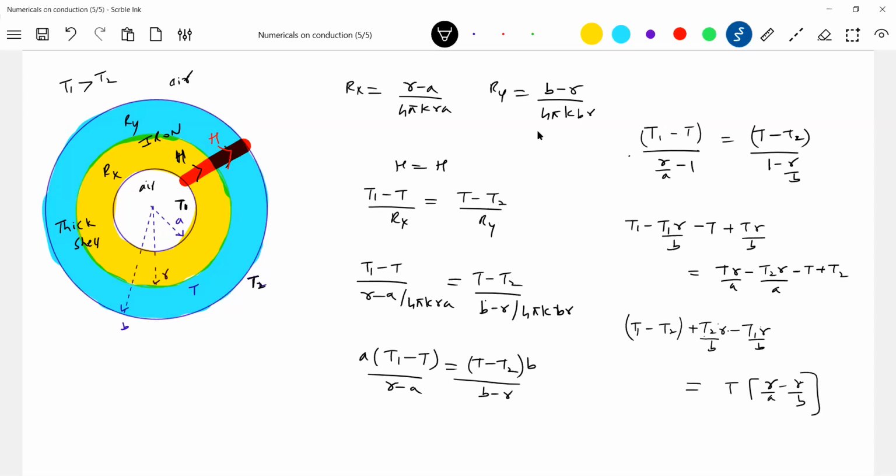Check it once. So this R also, if you want, you can take common and further write. So T is equal to T1 minus T2, T2 b minus T1 a. Oh, this everything is b, huh?